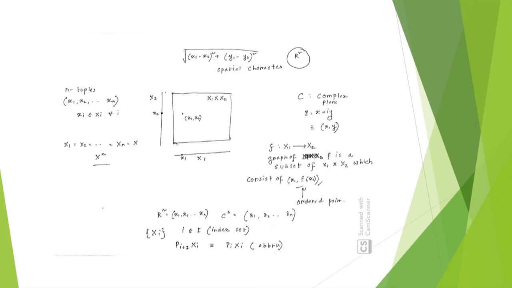So the mapping pi which takes x to xi is called the projection onto the ith coordinate set.